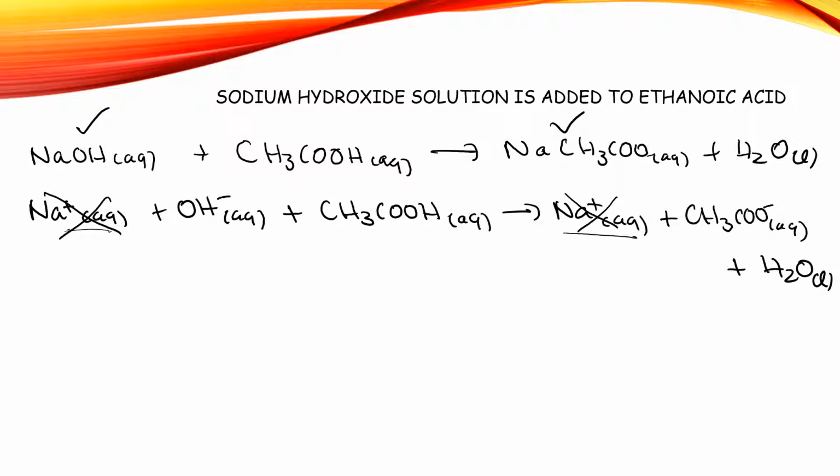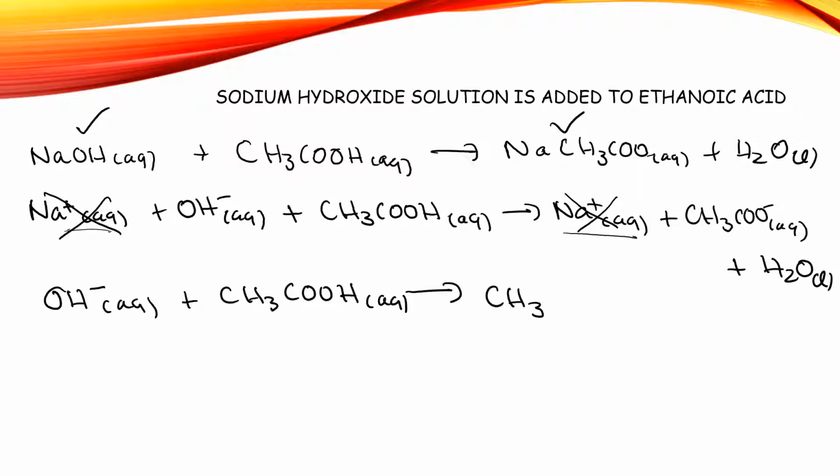So let's rewrite. And what we finish with is hydroxide ions plus ethanoic acid goes to ethanoate ions plus water.